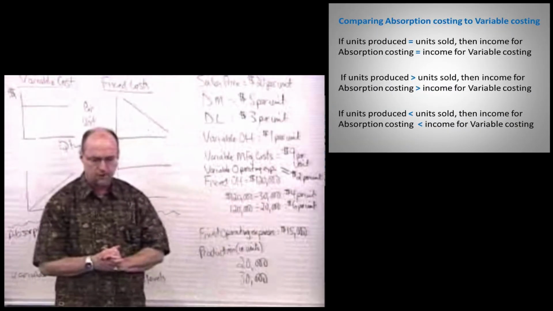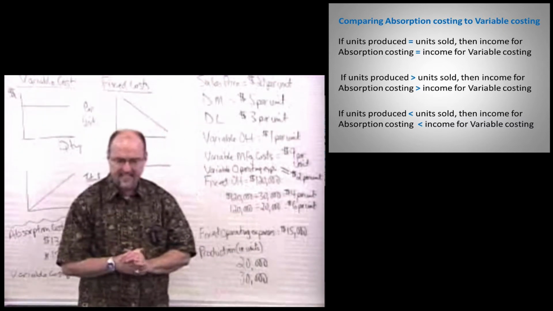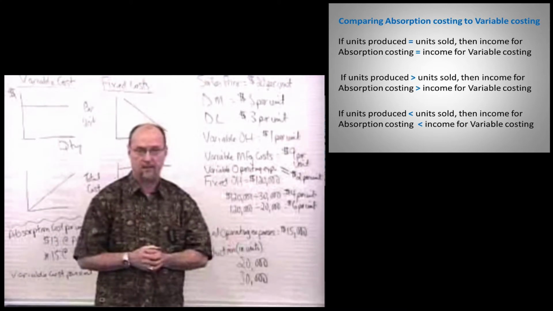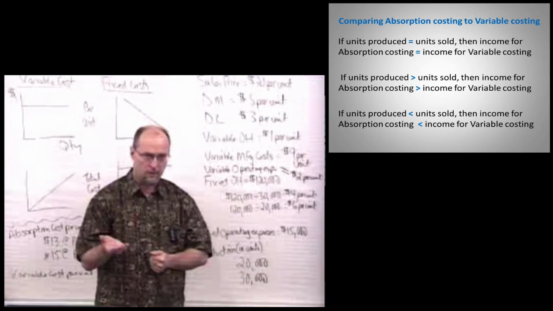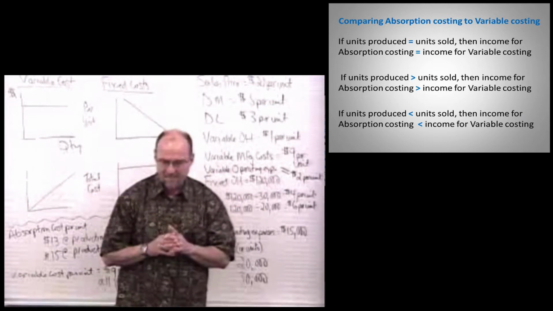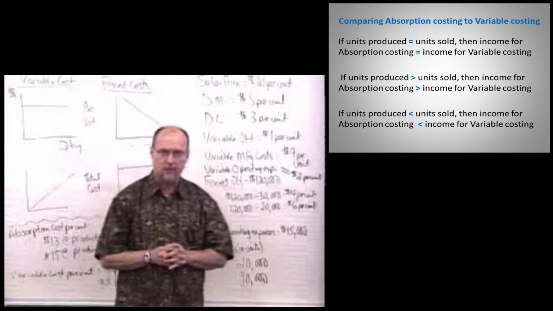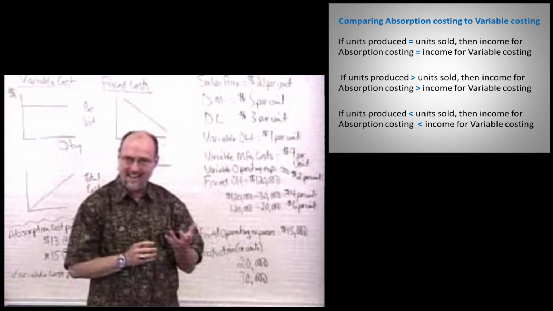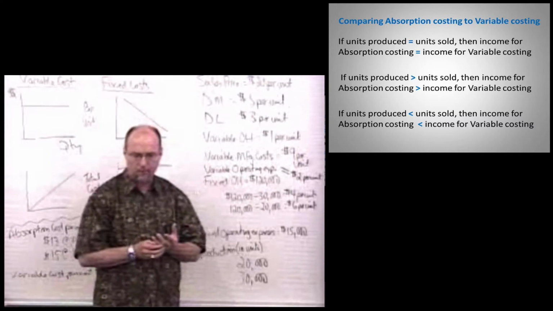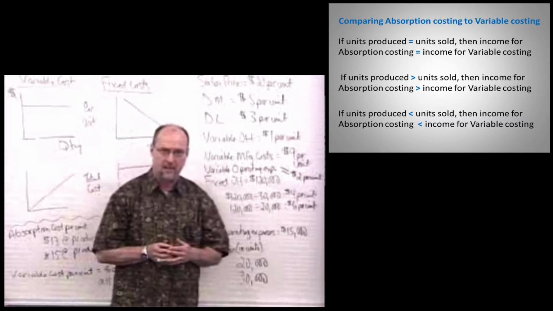If units produced equal the same number of units sold, then the income under absorption costing will be the same as under variable costing. Units produced equals units sold. Income is the same under both methods. If the units produced are greater than the number of units sold, that means we're going to have ending inventory, then income for absorption costing will be greater than income for variable costing.